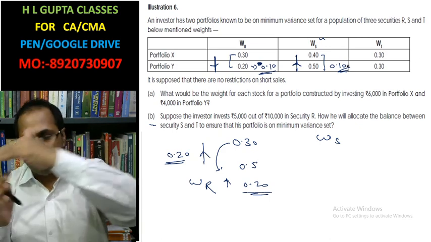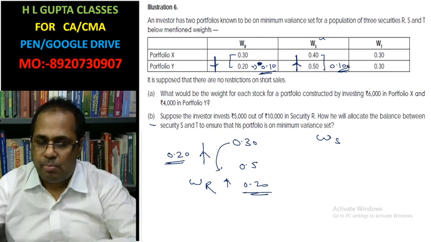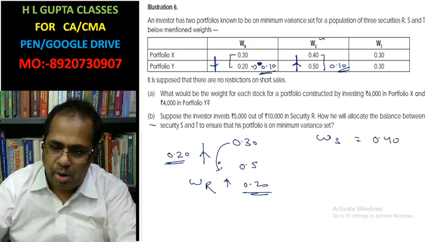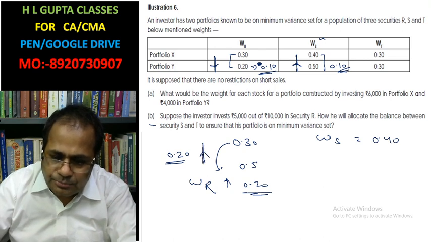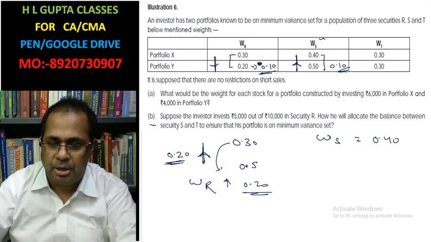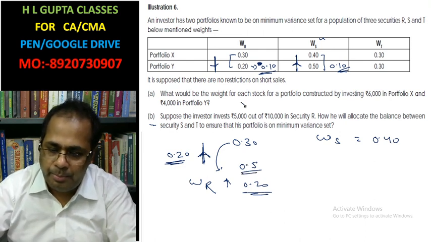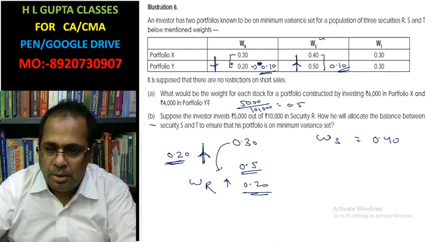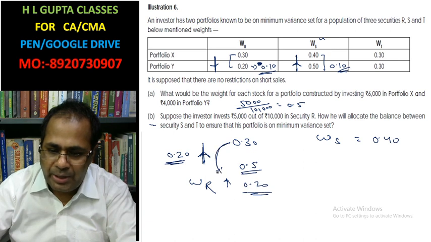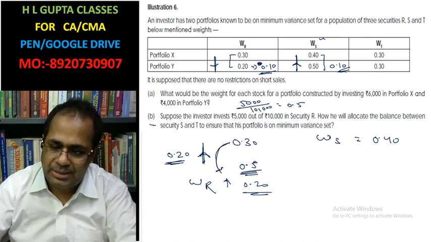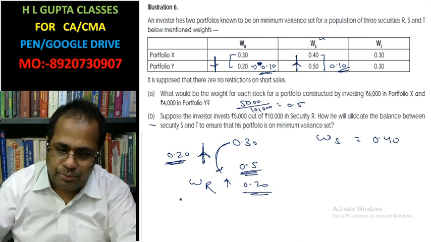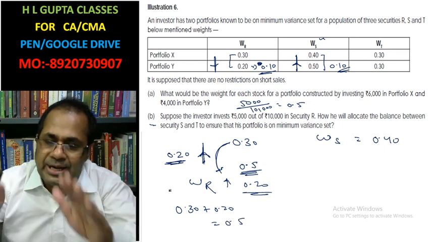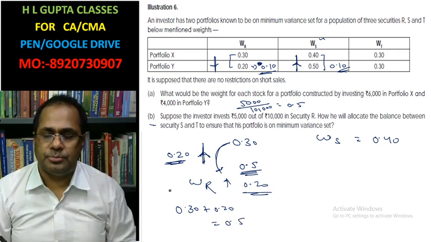Existing weight of R was 0.30, and if this is increased by 0.20, it becomes 0.5, because you have invested 5,000 out of 10,000.